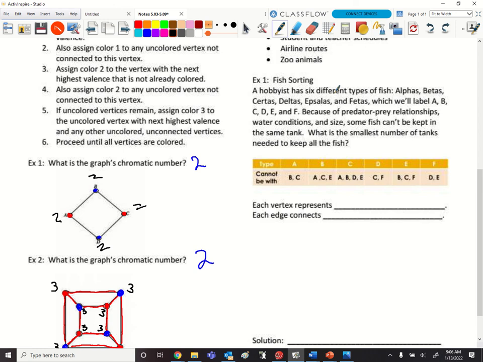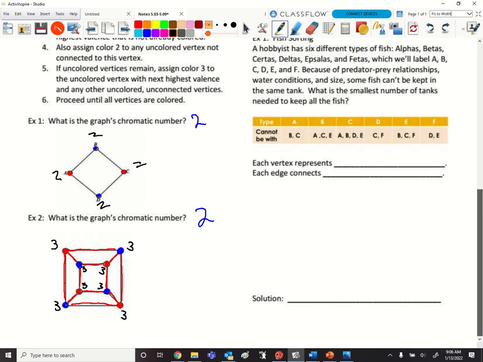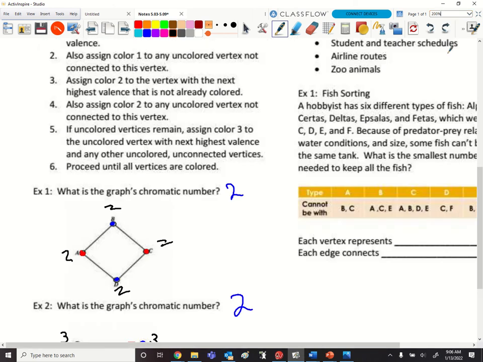So let's go ahead, and I am going to at least draw this, and I'm going to make it bigger again. So we have 5 of them.